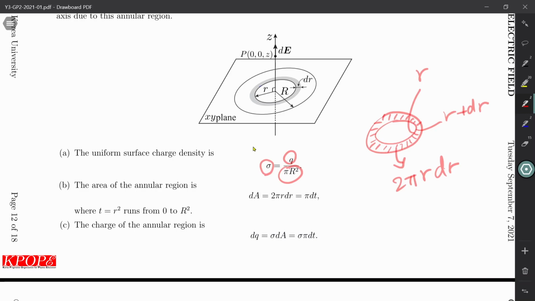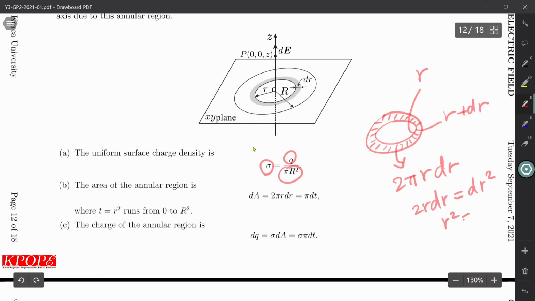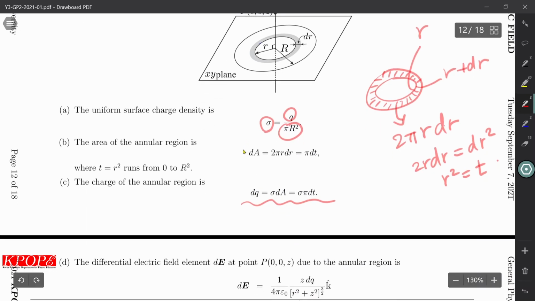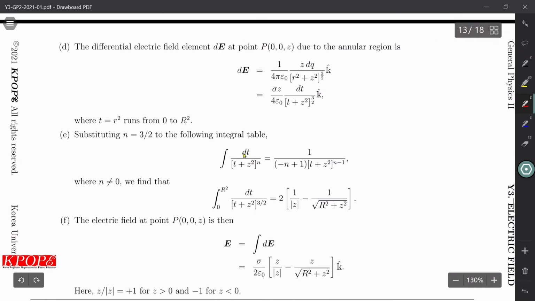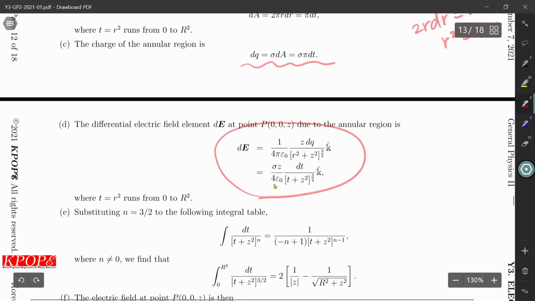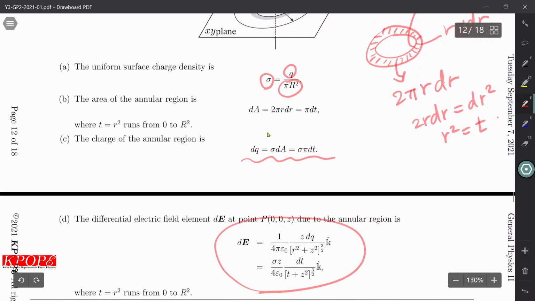In here 2r dr is d r squared, and we substitute t equals r squared. Therefore we can do this integral. This is the contribution of this annular region.